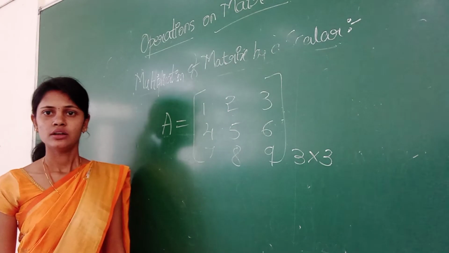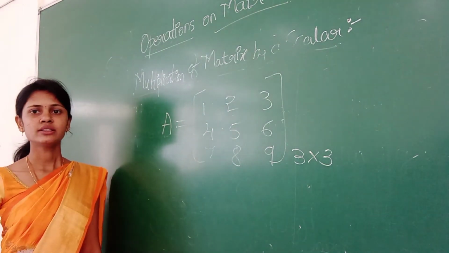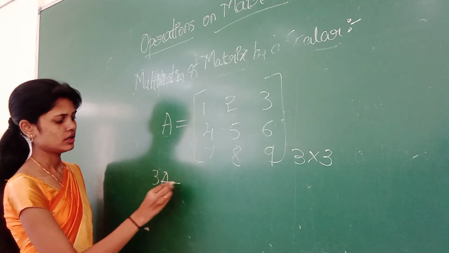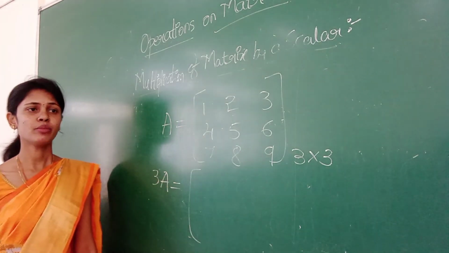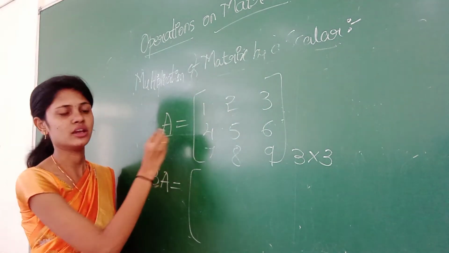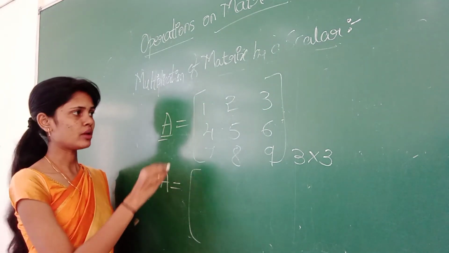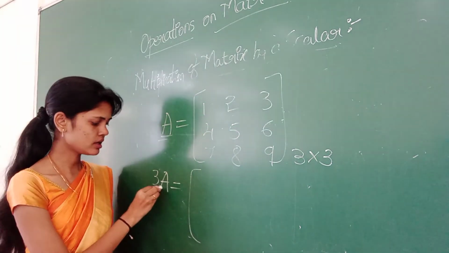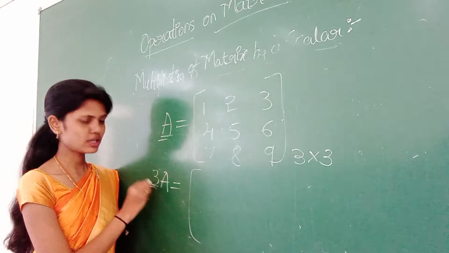And if you multiply it by any other scalar quantity, if it is 3A, then 3 must be multiplied with each element of the matrix A here. So 3 into A means all the elements must be multiplied by the 3. That is 3 is a scalar quantity.